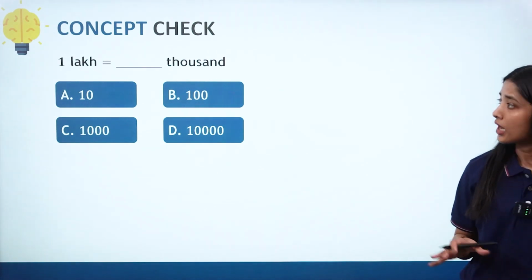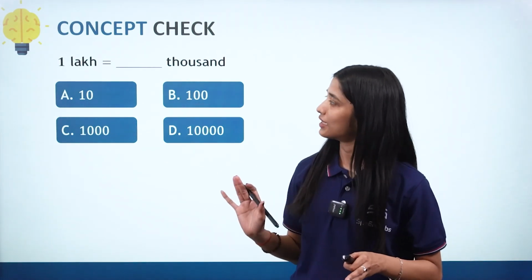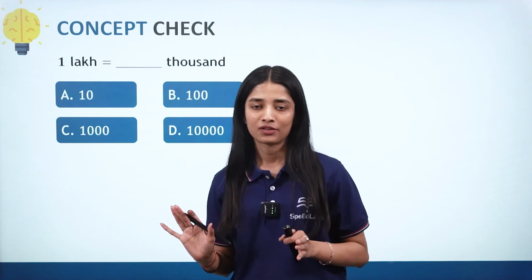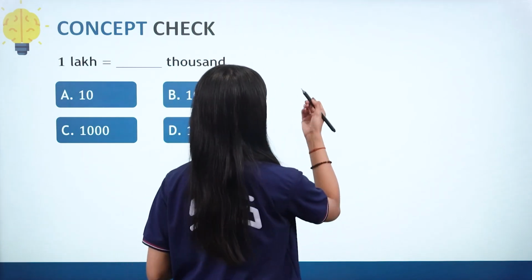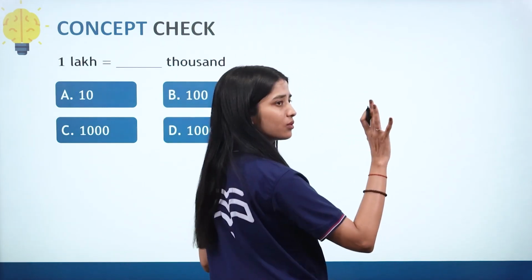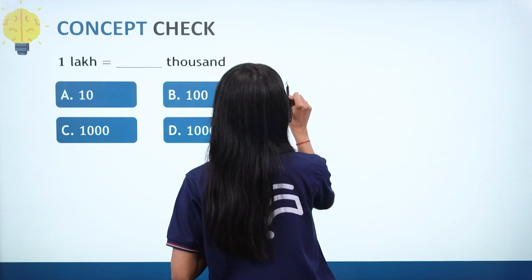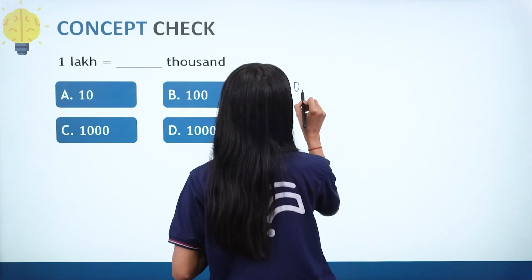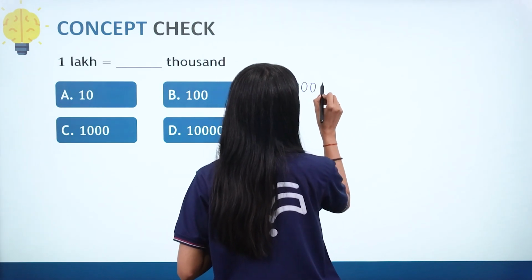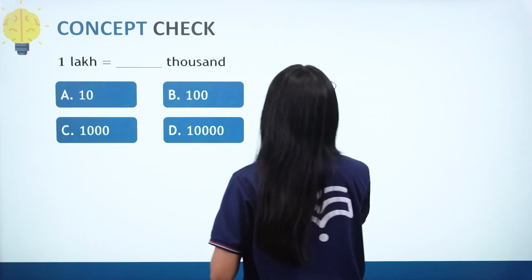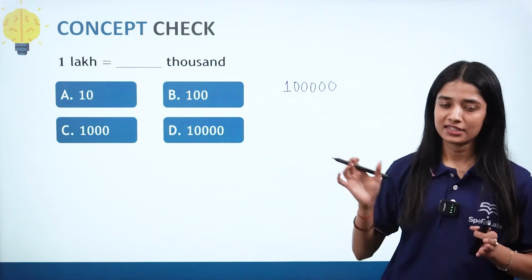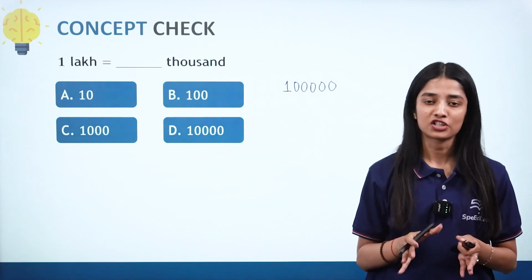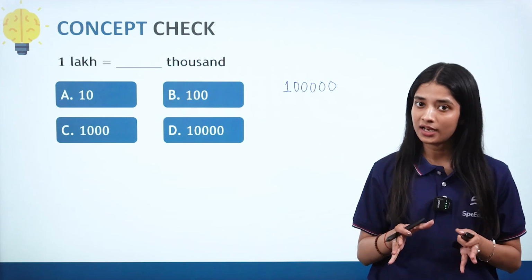Next question is this one: 1 lakh is equal to dash thousands. To this we can write 1 lakh. If you write 1 lakh in numbers, it will have 1 and 5 zeros: 1, 10, 100, 1,000, 10,000 and lakh. So this is our 1 lakh. In the Indian system of numeration, we read this number as 1 lakh.